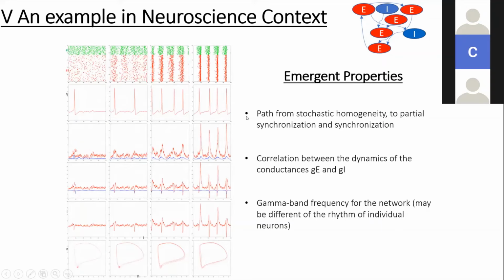I summarize that by a path from stochastic homogeneity, where it's hard to observe something, to partial synchronization and synchronization, where you observe very distinct events, and all the neurons will spike within an event. Partial synchronization is a regime where you observe some events, but not all the neurons of the network will spike.